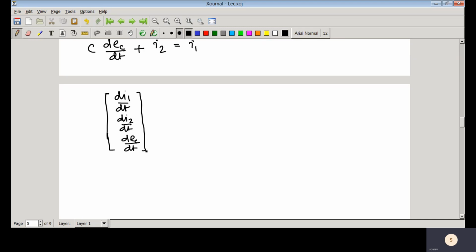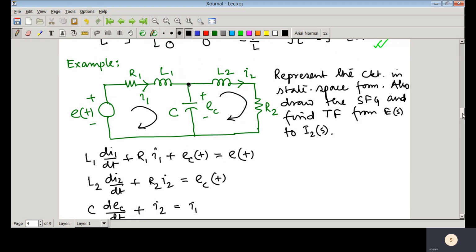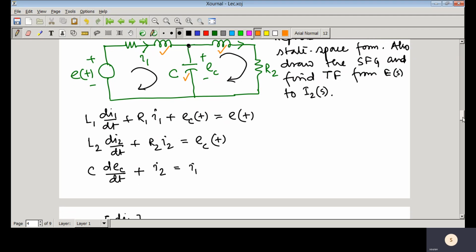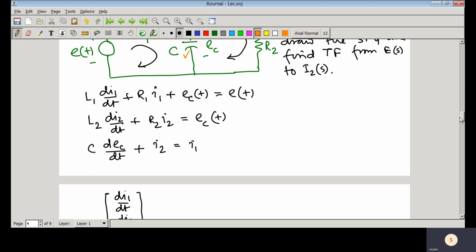One thing you can notice here, there are three state variables, and just by looking at the circuit, you can understand how many state variables are needed. Basically the number of energy storing elements, so that is one inductor, another inductor, and one capacitor. The number of energy storing elements is equal to the number of state variables you need to completely describe the circuit. In this case, as there are three energy storing elements, we need three state variables, and here you can see the state variables we have defined: I1, I2, and the voltage across the capacitor.